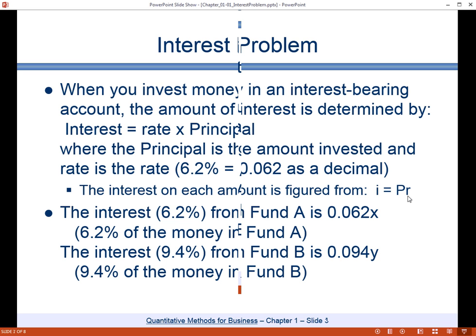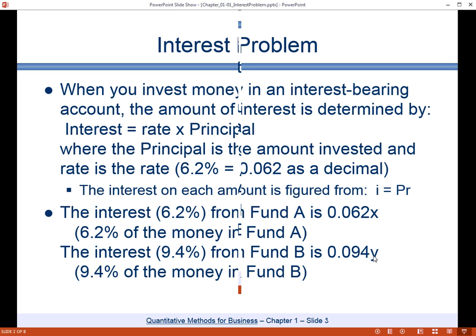I is equal to P times R. The interest you get is equal to the principal times the rate. So the interest from Fund A, the 6.2% from Fund A is 0.062x, and the interest from Fund B is 0.094y. Okay, that's what these two lines down here are saying.